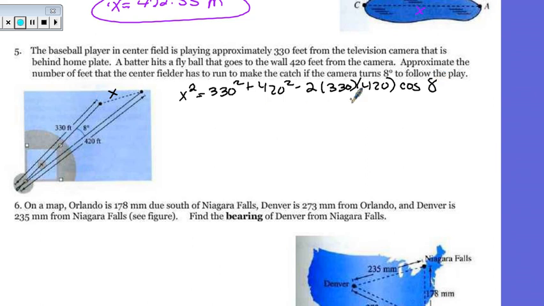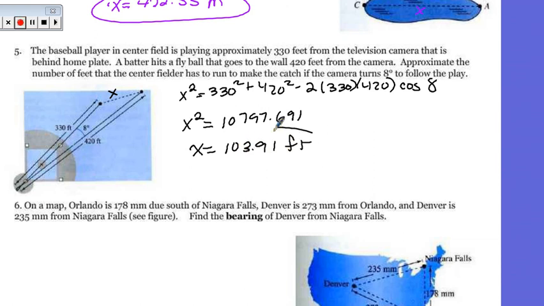Put all that right into the TI-84 just like we see it. Just make sure you're inputting correctly. We get 10,797.691, and taking the square root, we find that the ball player will have to run about 103.91 feet in order to catch the ball.